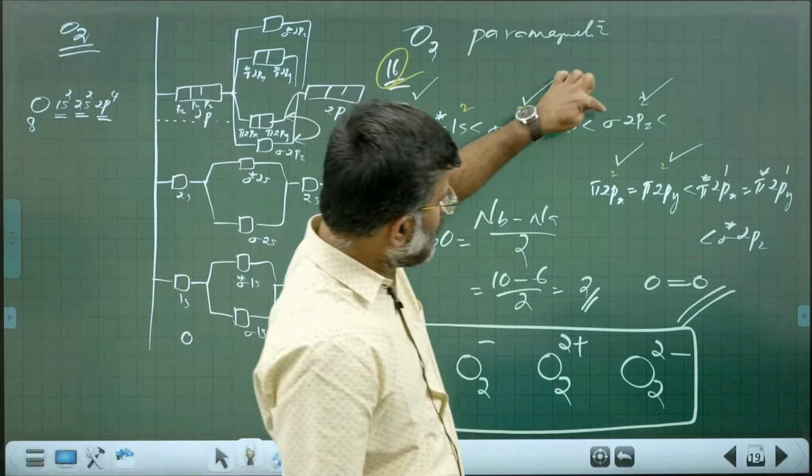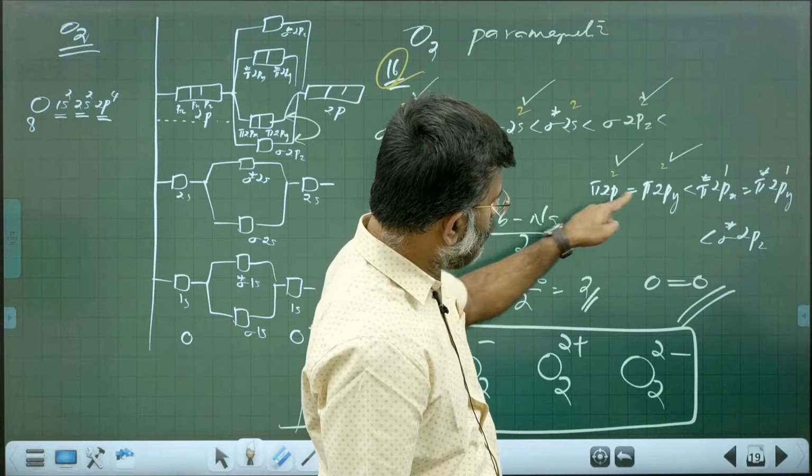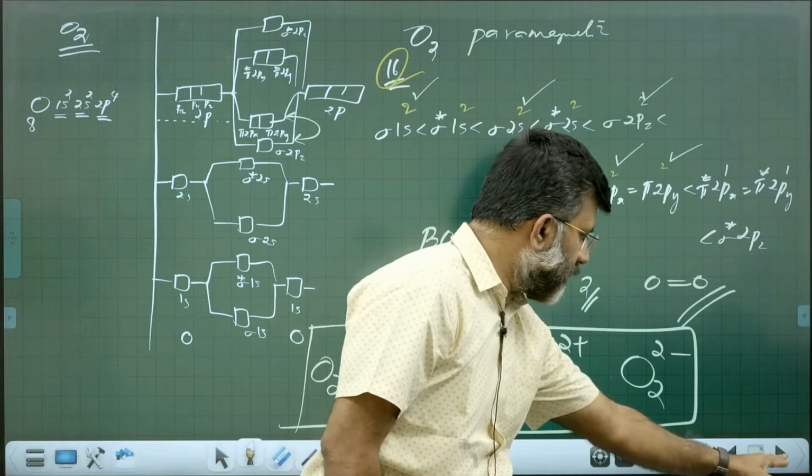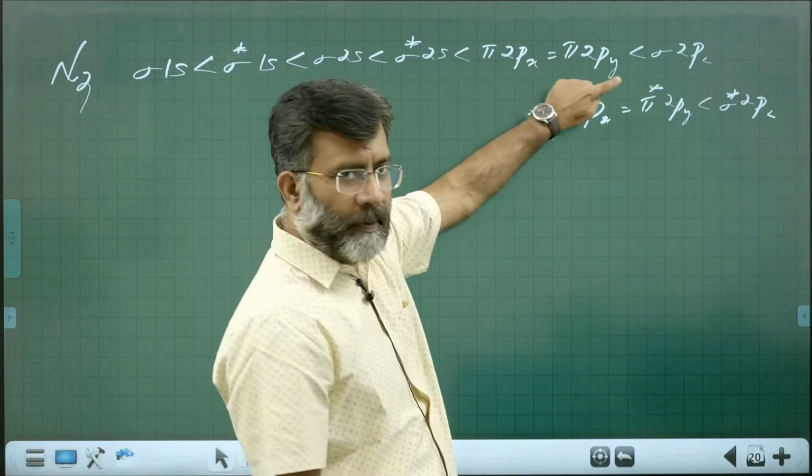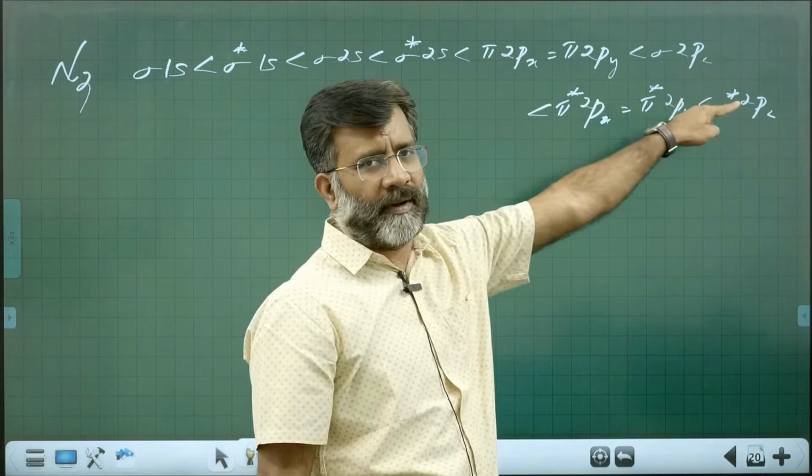Here it is sigma 2pz, pi 2px, pi 2py; here it is pi 2px, pi 2py, then sigma 2pz. That's the one change. Maybe due to the very small size of nitrogen, this change in energy is happening. Such flexibility is possible in MO theory, and that is helpful in explaining the properties of various molecular systems, especially magnetic behavior.